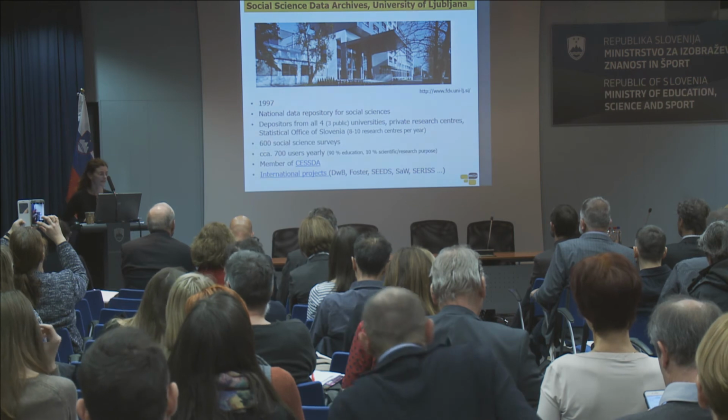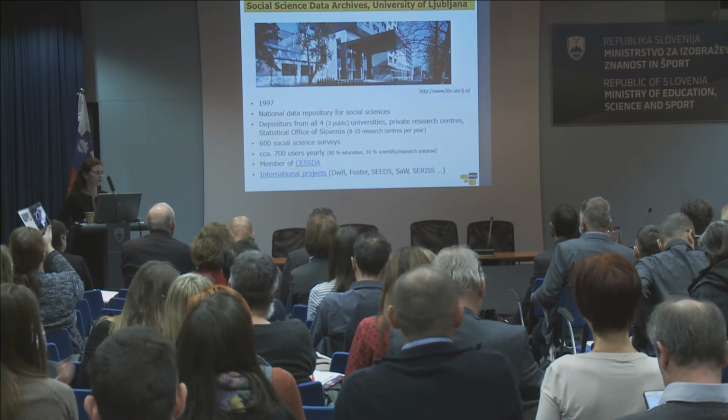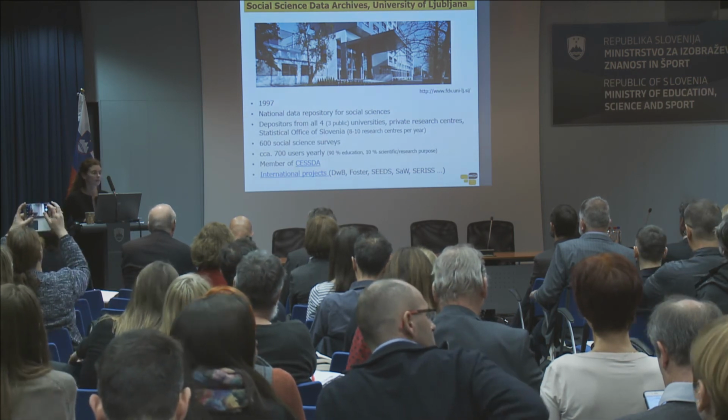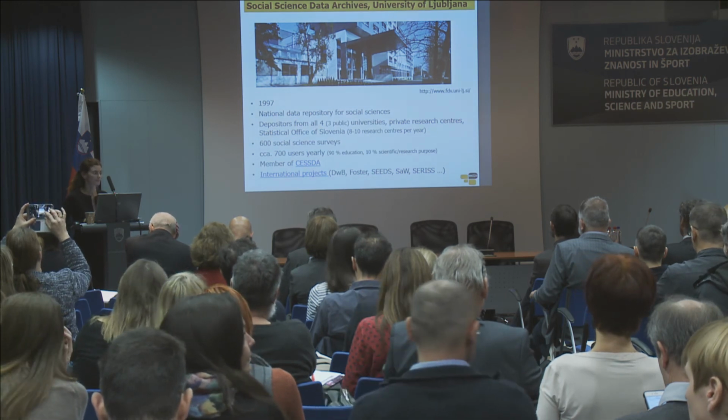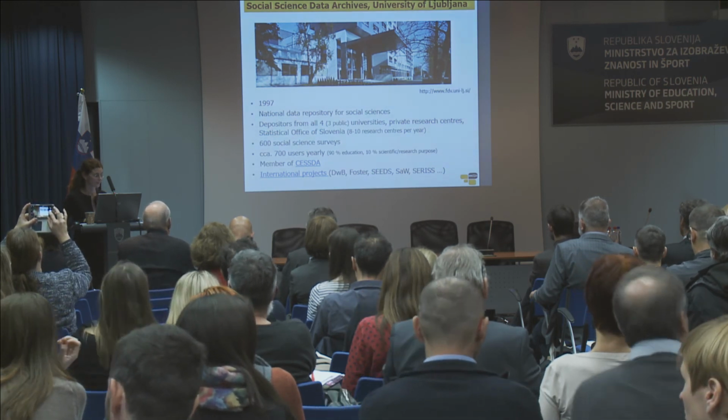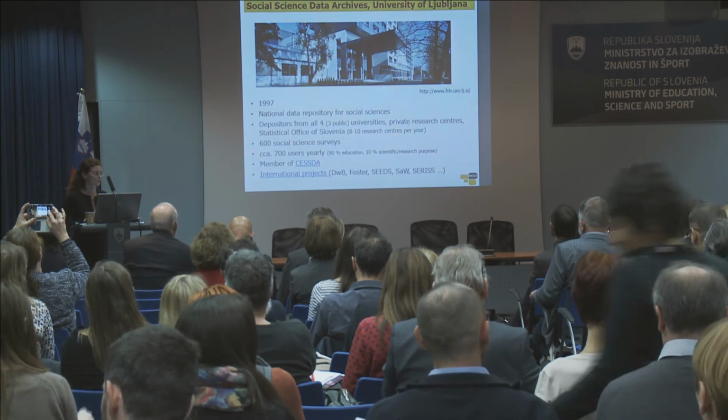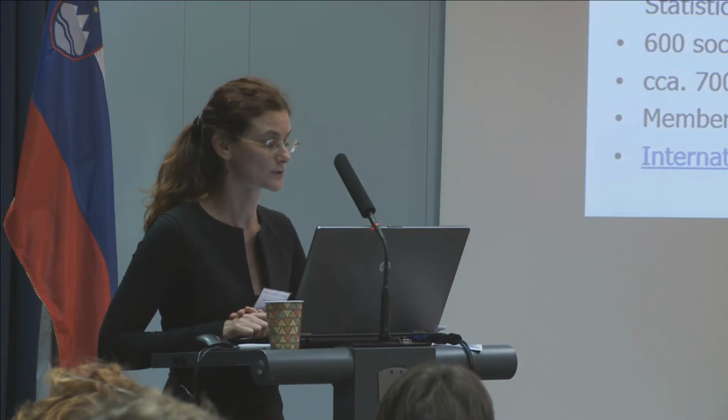The Social Science Data Archive is situated at the Faculty of Social Sciences at the University of Ljubljana. It was established in 1997. It has the status of a national data repository for social sciences.